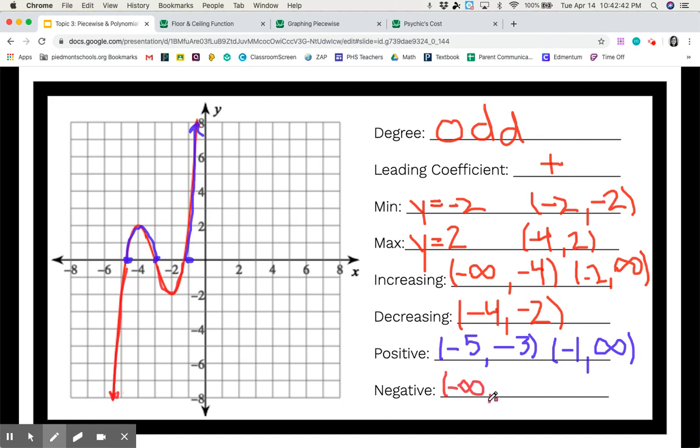And I am negative until I reach the x value of -5, where that positive interval starts. And then I am negative again, starting at -3, continuing until I get back to -1.